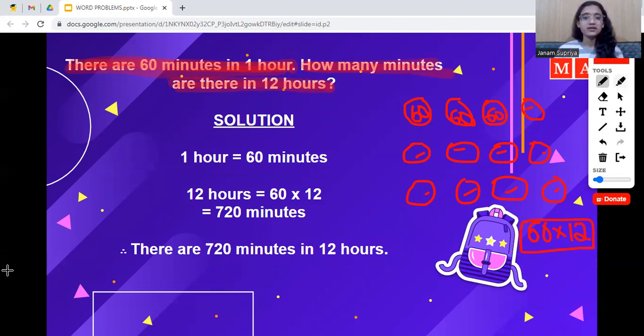Fine. Okay, so first writing down what is given in the question: 1 hour equal to 60 minutes, right? This is given. Now we need to find it for 12 hours.